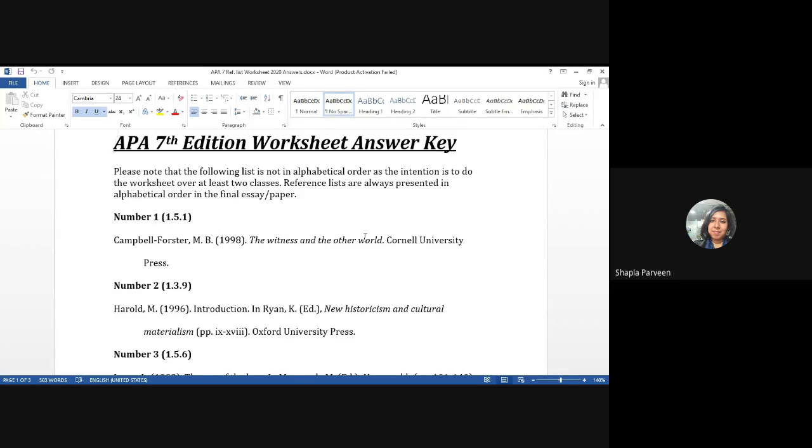It is always arranged alphabetically, based on the initial of the first author's last name. Now, this has not been done like that. The answers are just given based on those 20 entries. But basically, you would have to rearrange them alphabetically based on the initial of the first author's last name.